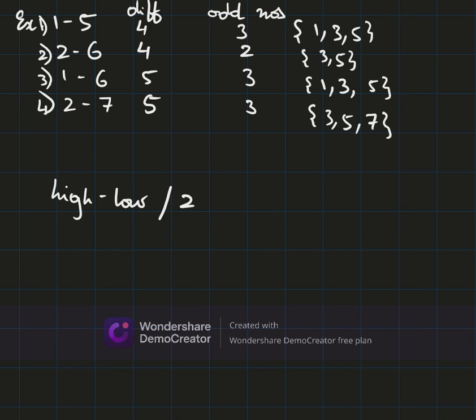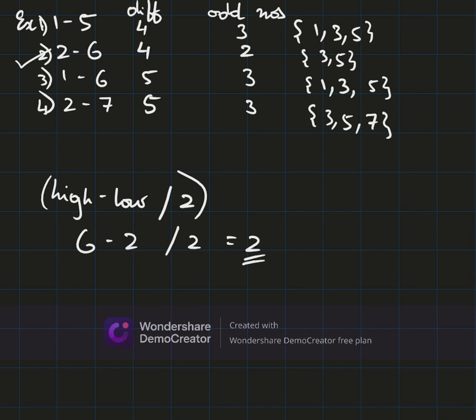That would possibly be the number. If you apply this formula, it is going to hold true only for the case where both low and high are even. So 6 minus 2 and dividing it by 2 gives you 2.